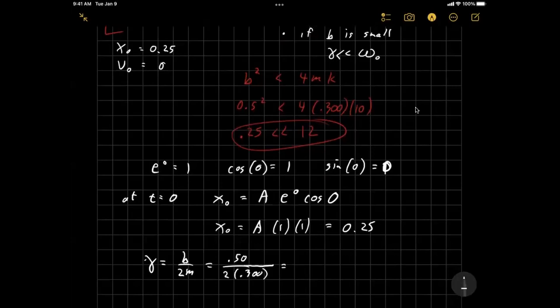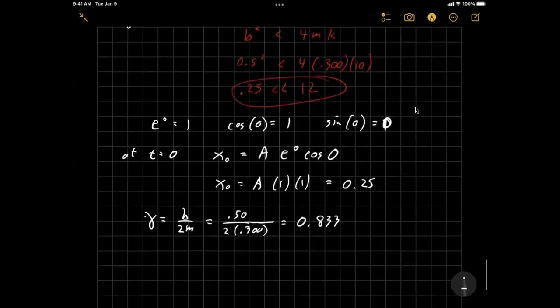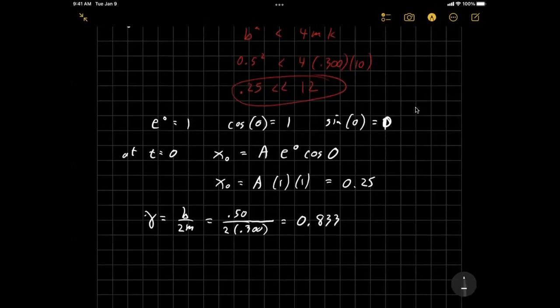When you put all of those numbers in, I believe you get 0.833. So we now have a gamma value. In order to get omega, we first need to get omega naught. Omega naught is the good old square root of k over m.